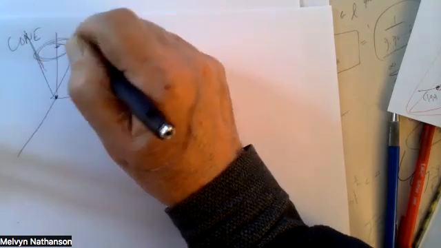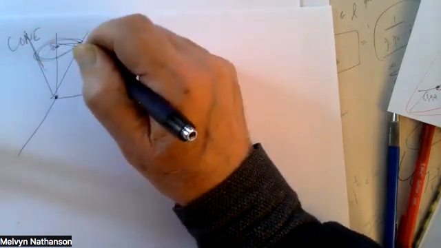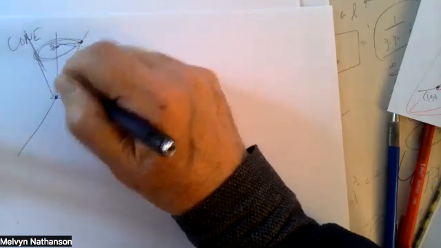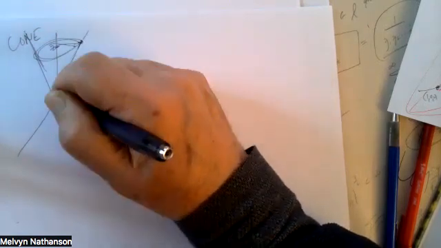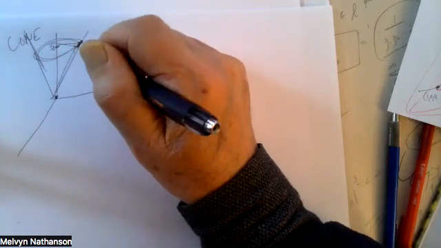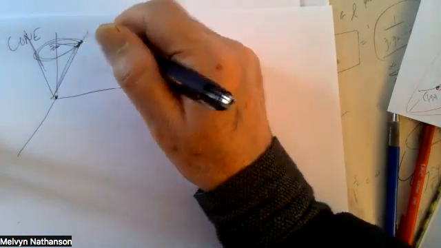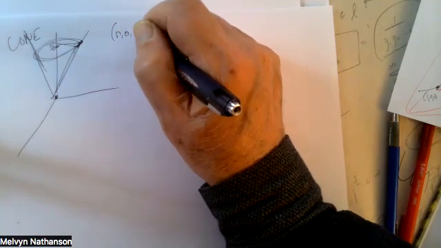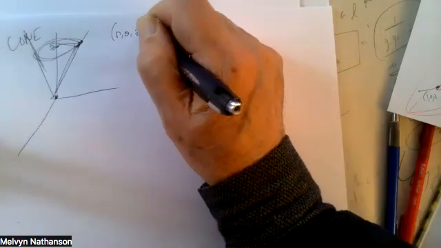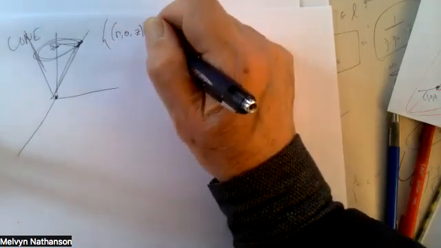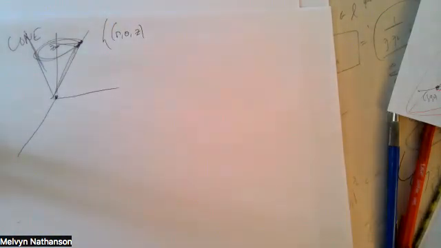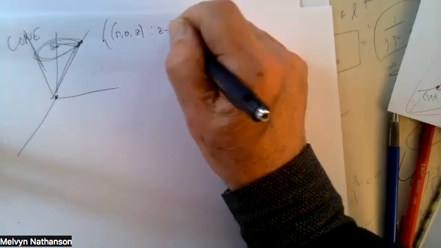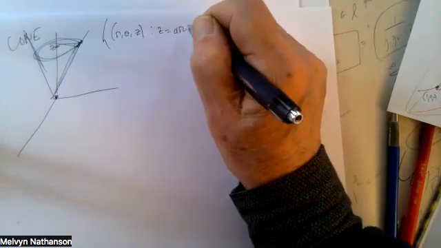So you would have all points r, theta, and z, where z is equal to a times r.